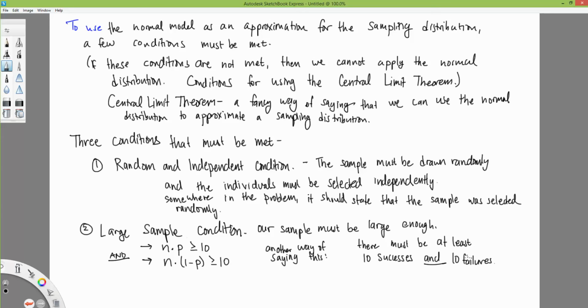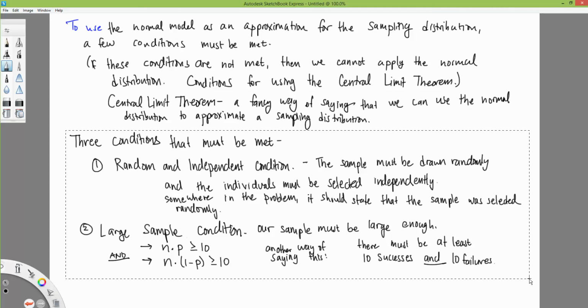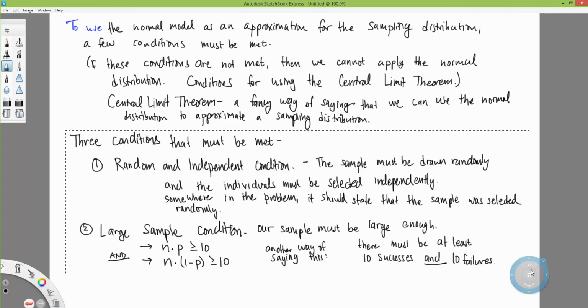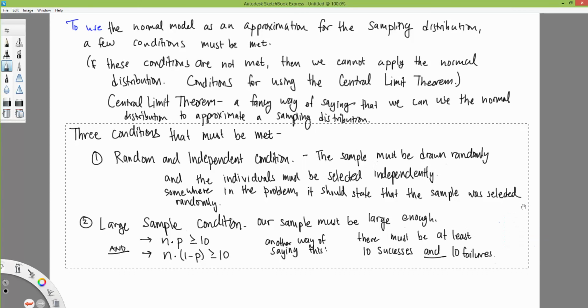Now the labels success and failure are arbitrary.